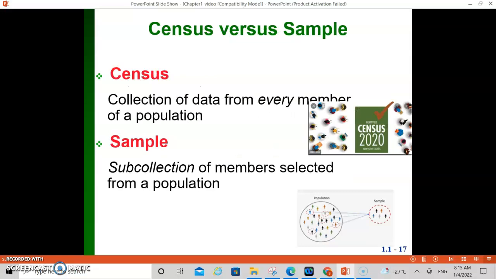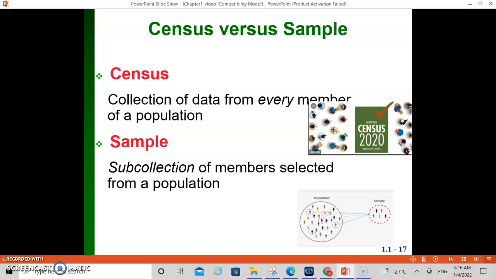Then the sample. You have to know the difference between census and sample. The census means you collect the data from every member of the population, right? Every 4 to 5 years, the government will send letters to collect census information.